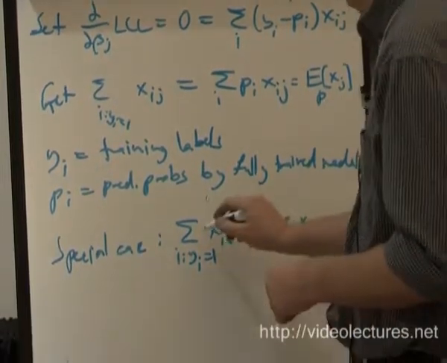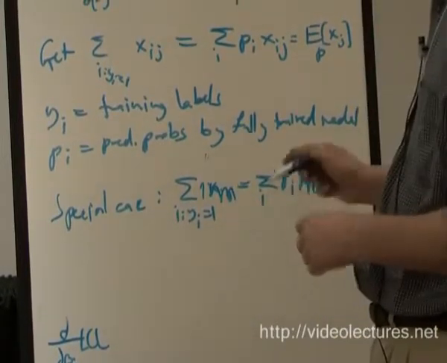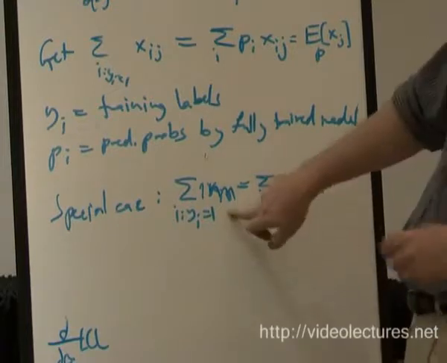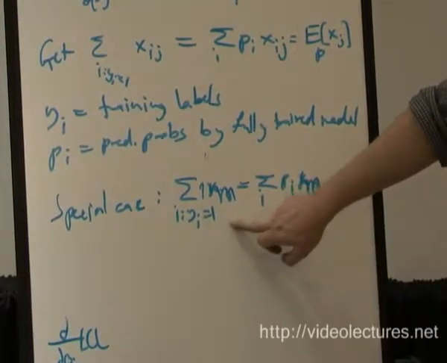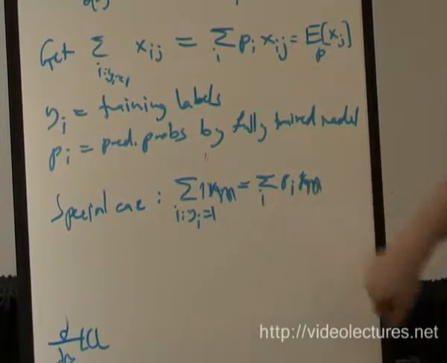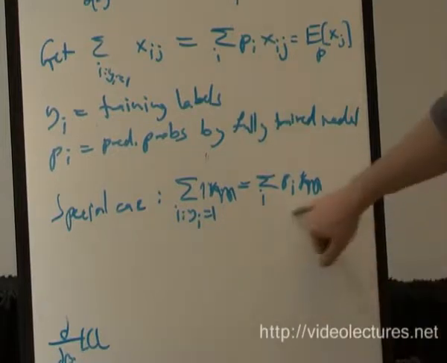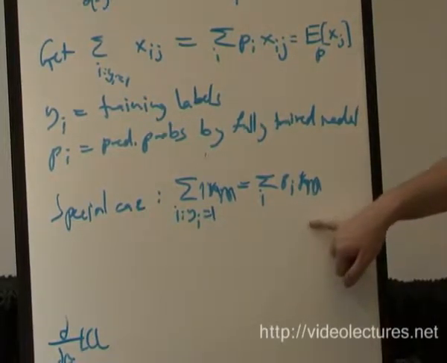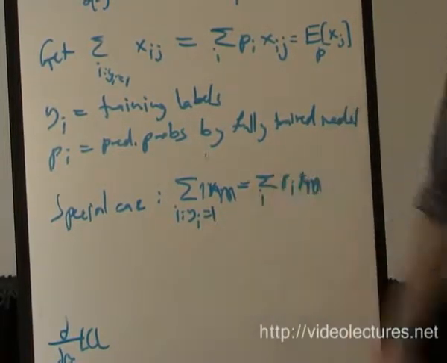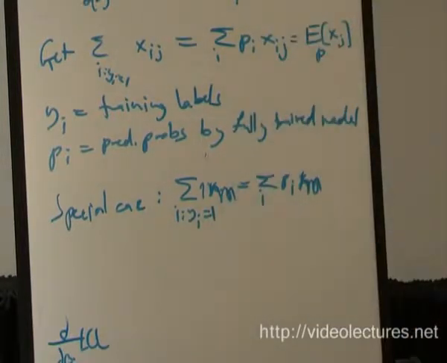So this is the count of positive training examples, and this is the sum of predicted probabilities for every training example. And so what it says is the sum of predicted probabilities for all training examples has to end up being equal to the number of true training examples.